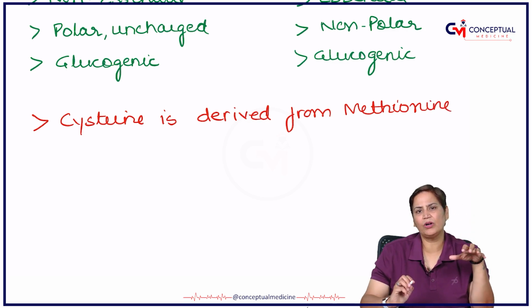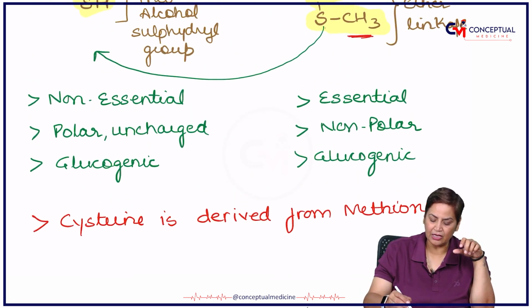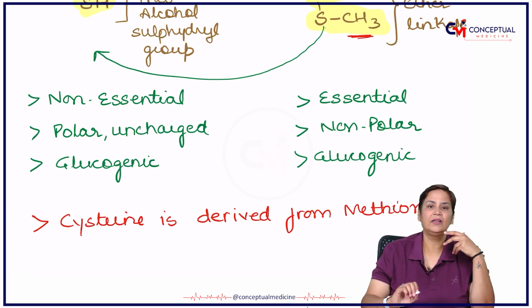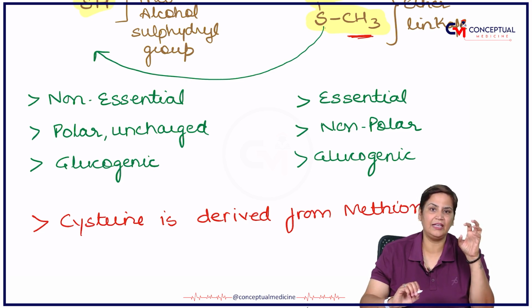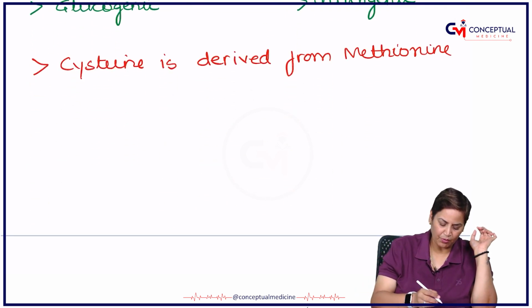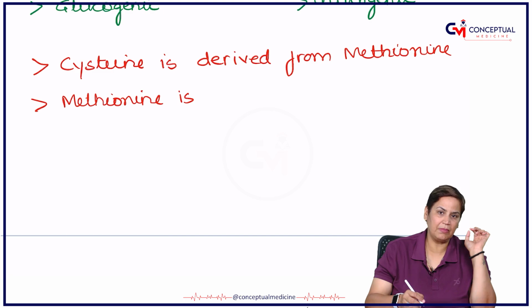And the most important characteristic feature of methionine is that it has a methyl group, as you can see here, and this methyl group can be transferred, and it is required for the synthesis of so many important compounds just by catalyzing a transmethylation reaction. This is a very important feature of methionine. So, second important point is methionine is required for transmethylation.